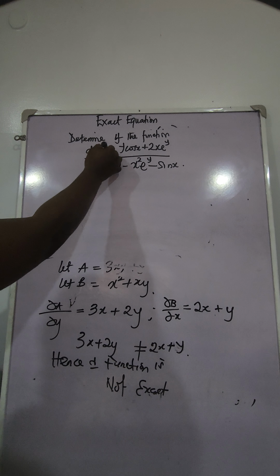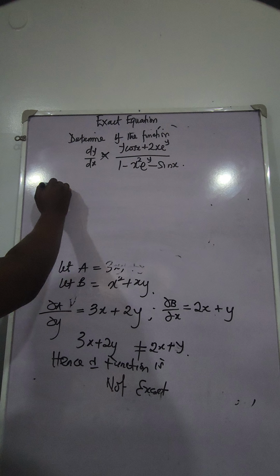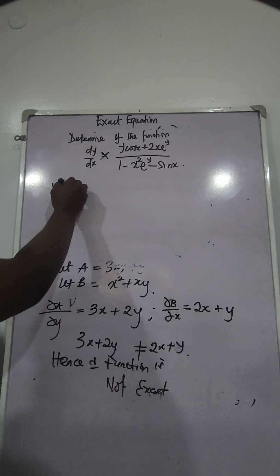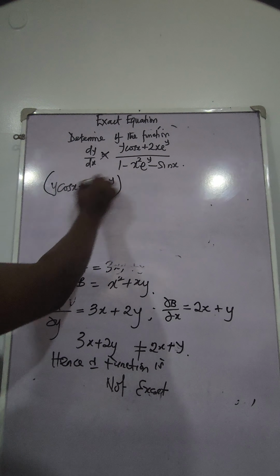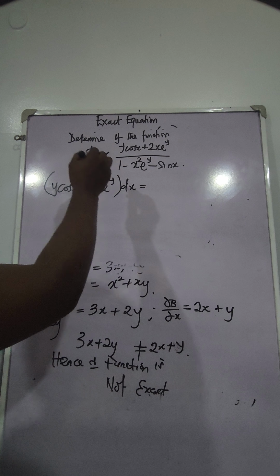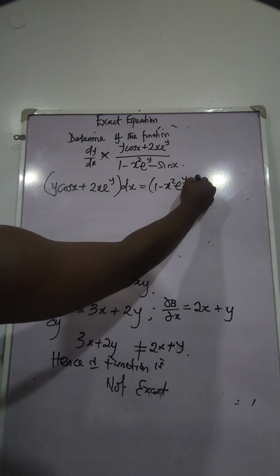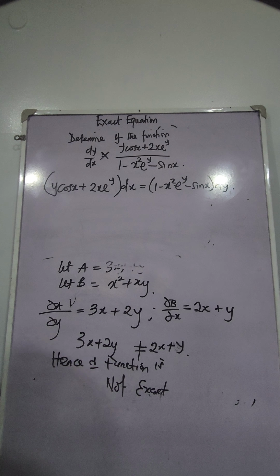On a normal day, you're supposed to cross multiply these. You'll have (y cos x plus 2x e to the power of y) dx is equal to (1 minus x squared e to the power of y minus sine x) dy, right?